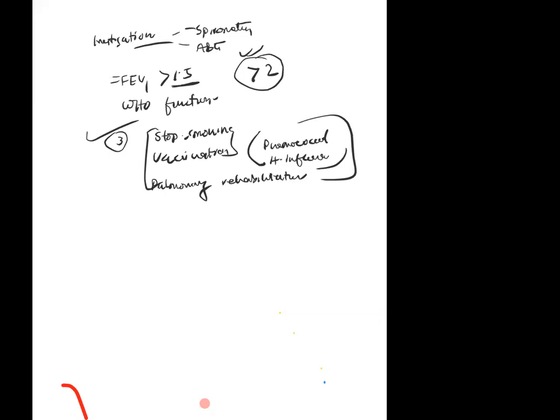Doctor, what will be the pulmonary function test in pneumonectomy? Regarding the pulmonary function test, pulmonary function is assessed by peak flow meter as well as spirometry. So you can do both peak flow meter or spirometry.